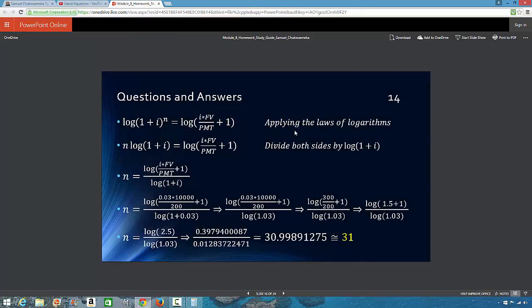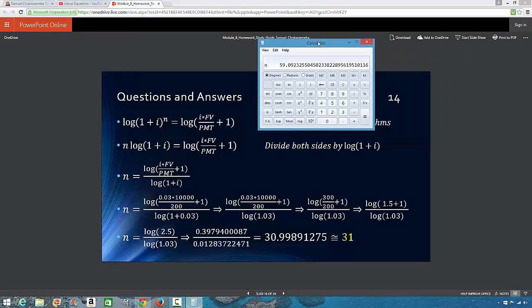So when you do this, okay, you have this formula here for n. All right, let's get the value from the calculator. Let me do the last one first, the denominator.